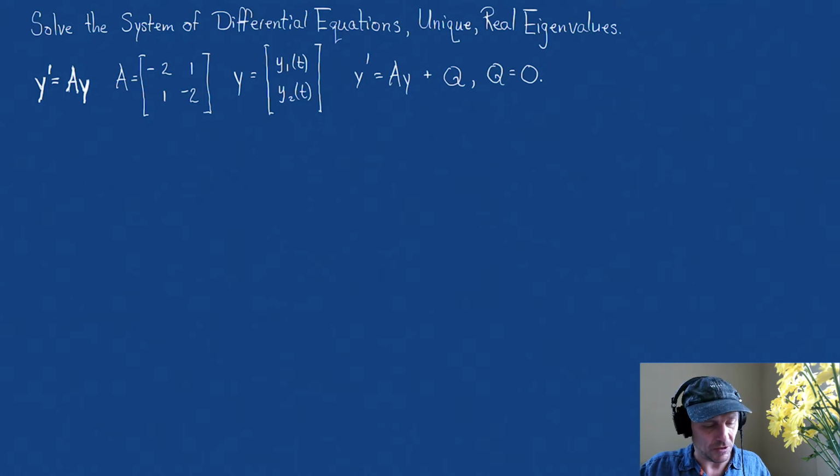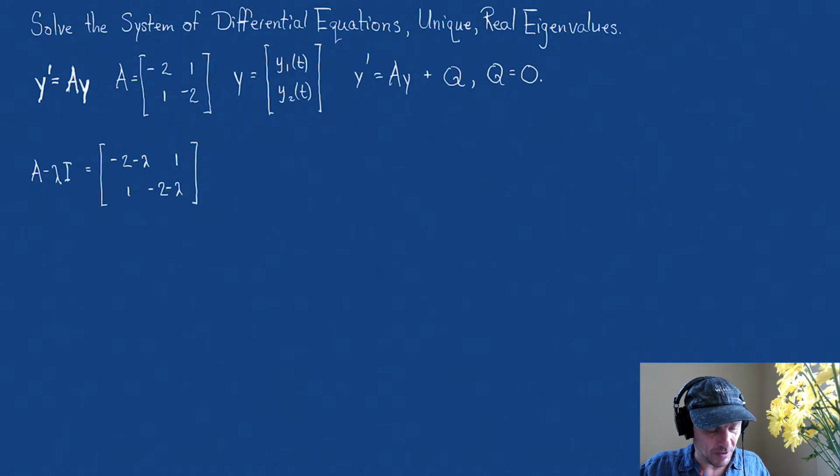And remember, it begins with, we've shown how to find eigenvalues and eigenvectors, and that's what we're going to do. That begins by taking a look at A minus lambda I, and in this case, that's going to be minus 2 minus lambda, 1, 1, minus 2 minus lambda.